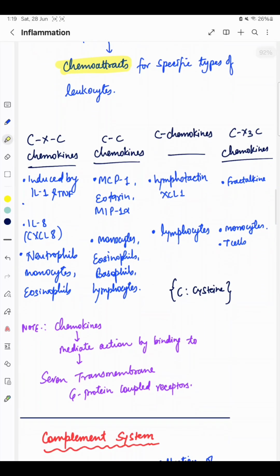Mainly we will discuss the 4 classes of chemokines: CXC chemokine, CC chemokine, C chemokine, and CX3C chemokine. Here C stands for the cysteine residue. In CXC there is one amino acid between 2 cysteine residues. This CXC class of chemokine is induced by interleukin 1 and TNF.